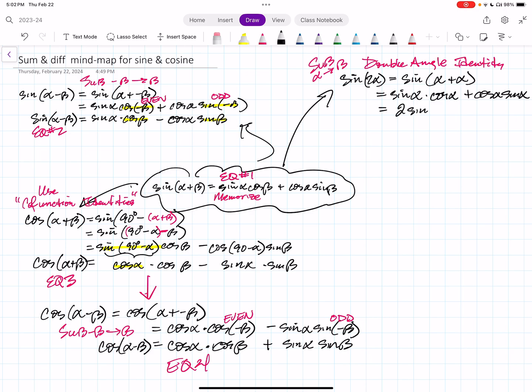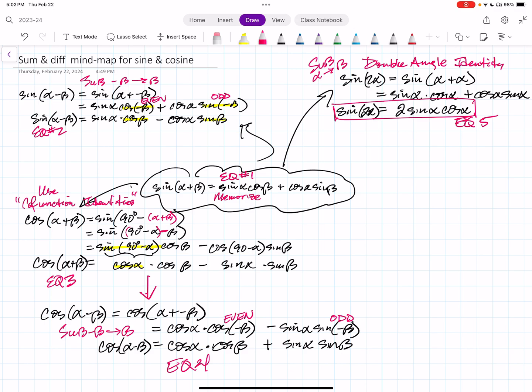So I just write it like that: 2 times the sine of alpha times cosine of alpha. And there's your double angle formula for sine. We're going to call that equation 5 since we just developed that. That right there is your double angle formula for sine.